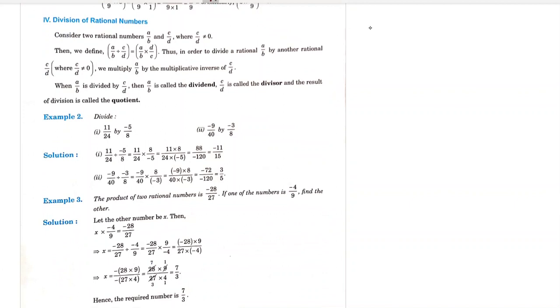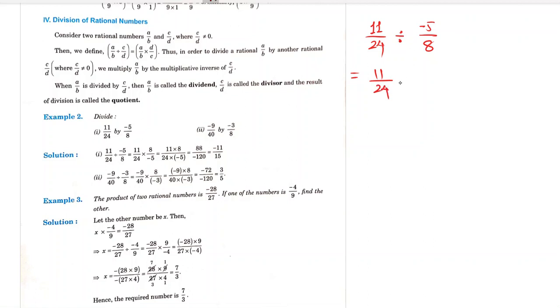Okay, so suppose you have 11 by 24 and you divide it by minus 5 by 8. So how do you solve this? Whenever you have some question like this, remember the steps. 11 by 24 will be written as it is.